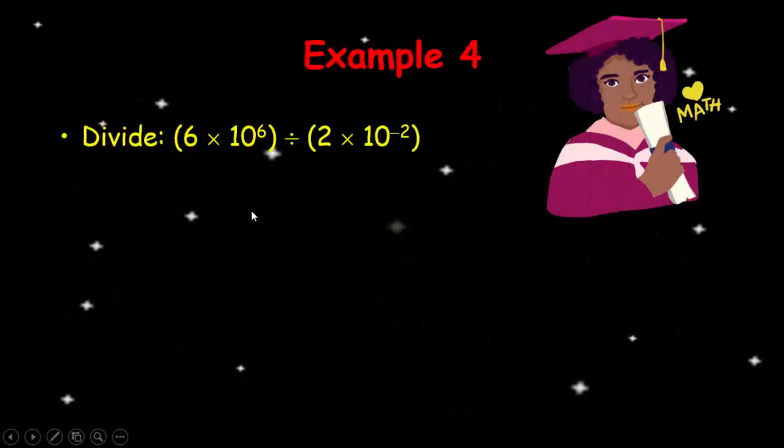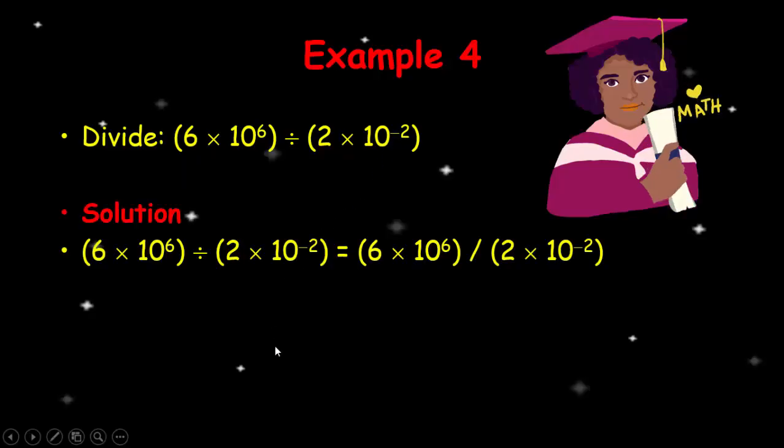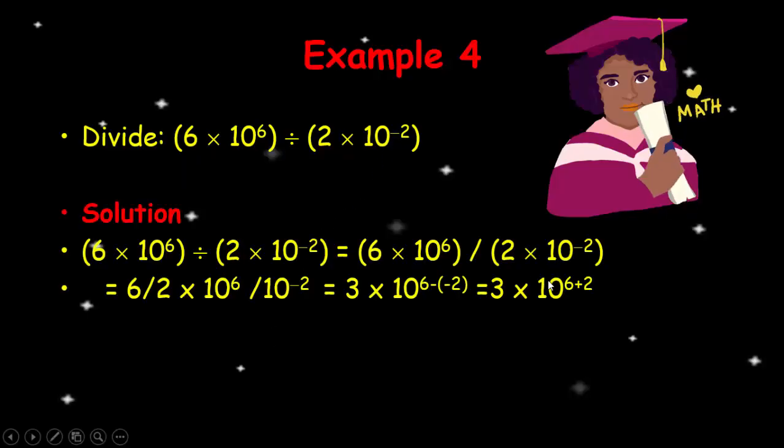Example number 4. Divide 6 times 10 to the 6th power divided by 2 times 10 to the negative 2 power. Solution. So we put this in form, and we have 6 divided by 2 times 10 to the 6th divided by 10 to the negative 2.